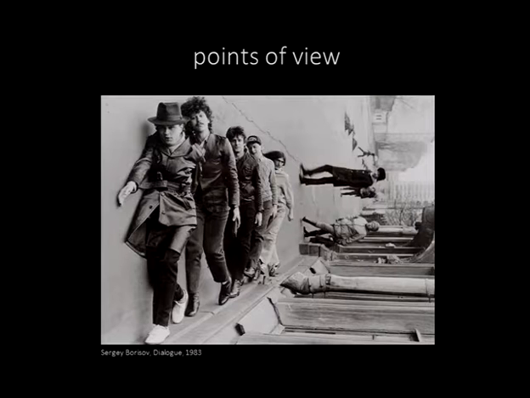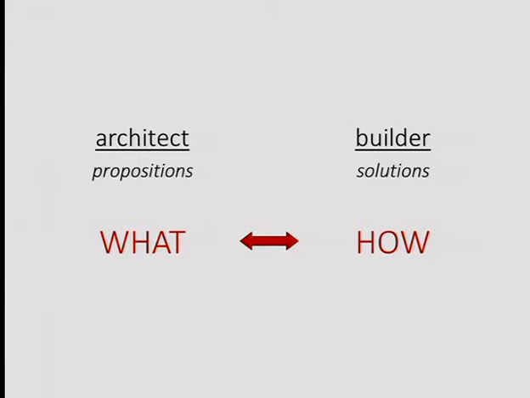Probably there are not only 2 points of view, there are many, several, but really forgive me if I simplify these in just 2 simple things. I just want to understand what are these 2 main categories. It's not so simple, but allow me to do this type of simplification. Let's say the architect on the one hand.